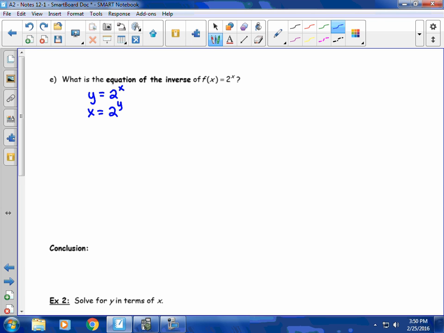So what's the next step? Well, we have to get the y alone here. And right now, this annoying base of 2 is on it. So how can I get rid of that base of 2? How to solve for y?